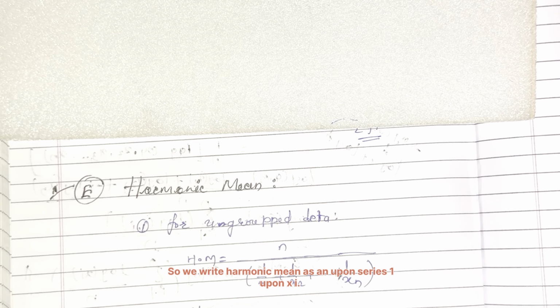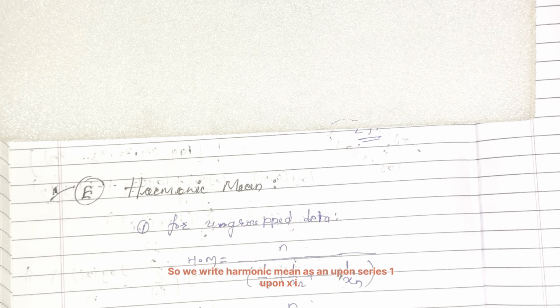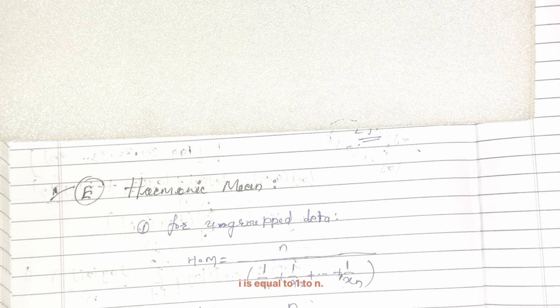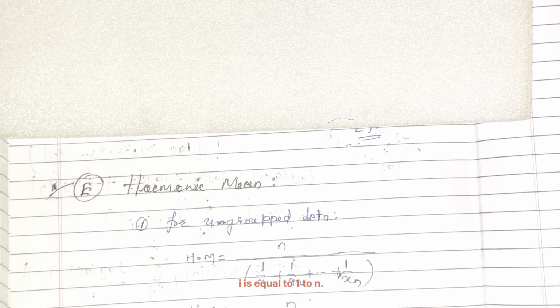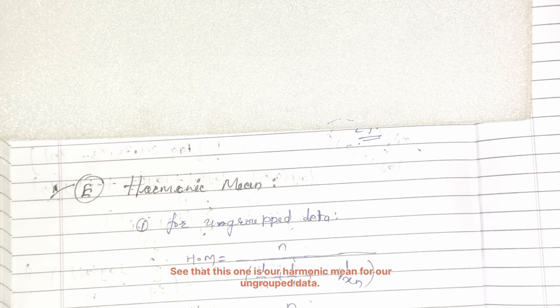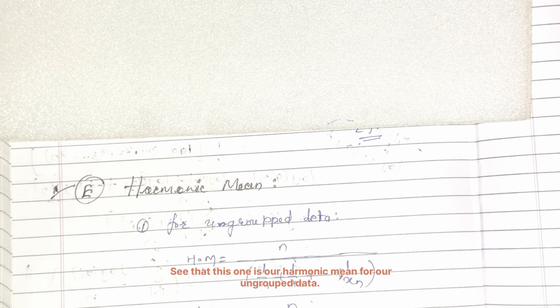We write the harmonic mean as n upon the summation of 1 upon xi, with i equal to 1 to n. This is our harmonic mean for ungrouped data.